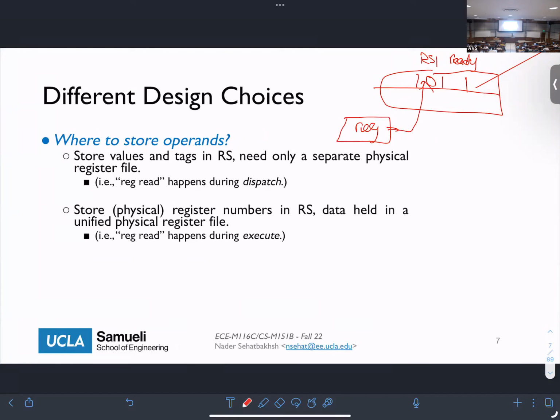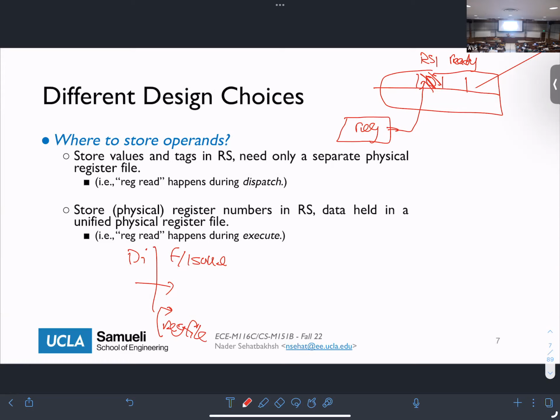The other option is that instead of saving the value, in the register file we just store either the tag or the register number. And when we transition from dispatch to the issue station, this is where we actually read the register file, okay? So the register file reading happens during the execution and not during the dispatch stage.